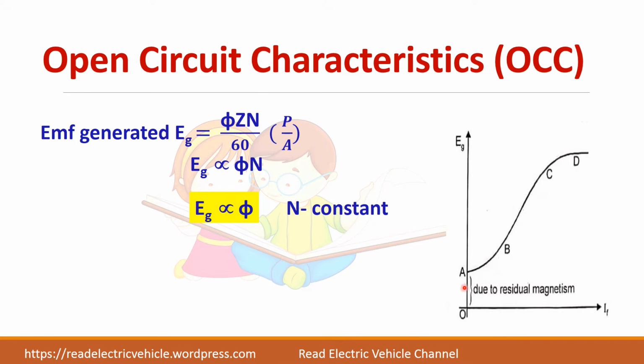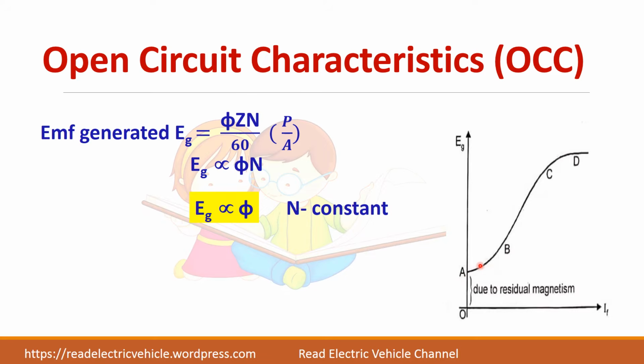That is, before giving the field current itself, in the poles there will be some voltage. That is due to the previous magnetization effect. So that is the generated EMF at 0 field current, the voltage due to residual magnetism.